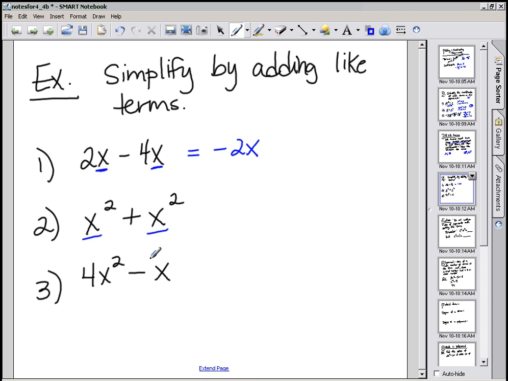Remember here we add the coefficients. The coefficient of each of those terms is 1. So 1 plus 1 is 2x squared. Now 4x squared minus x squared and x are not like terms, so there's nothing that we can do to simplify this. So we would say can't be simplified.